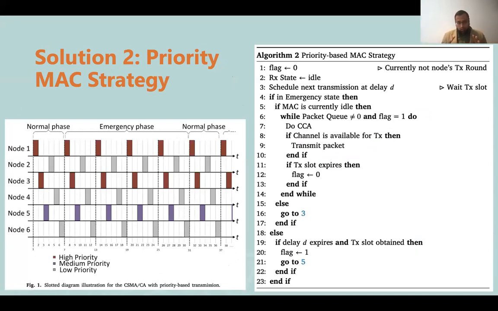for establishing communication for monitoring the car health. What we did here is divide this communication phase into two parts. One is the normal phase, another is the emergency phase. The normal phase, take an analogy of our health.